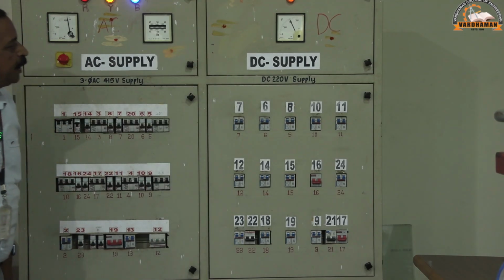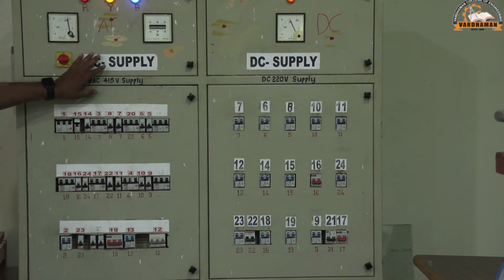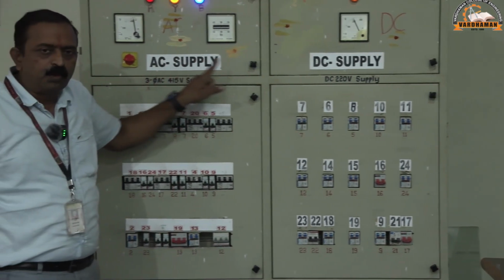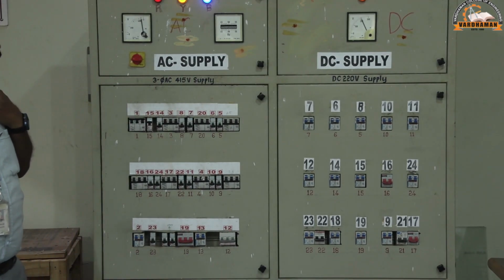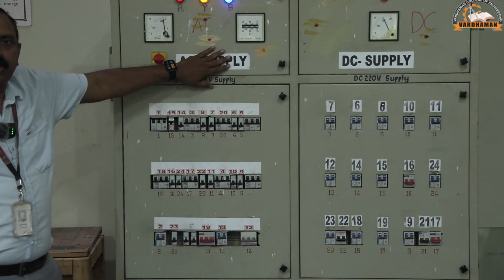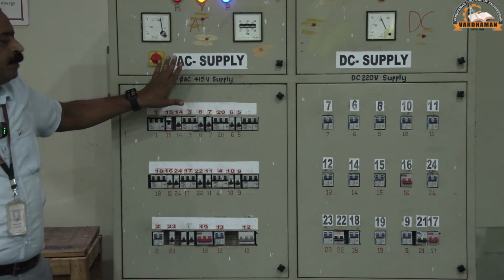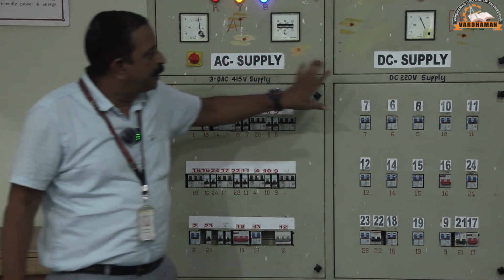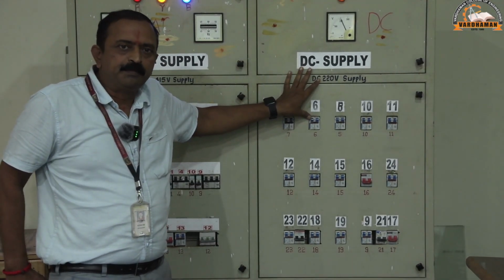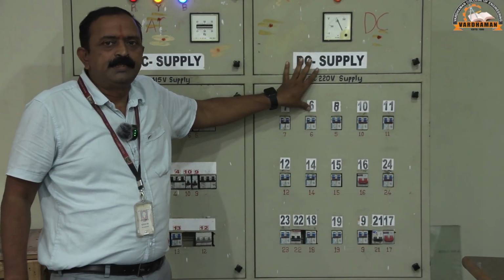So every student can understand that motors are basically divided into two types, depending on the input voltage. AC motors, which take AC and run, are the AC motors. DC motors, which take DC as input and run, are DC motors.